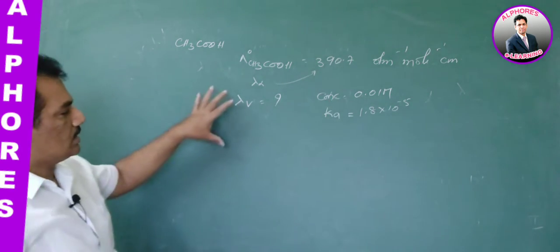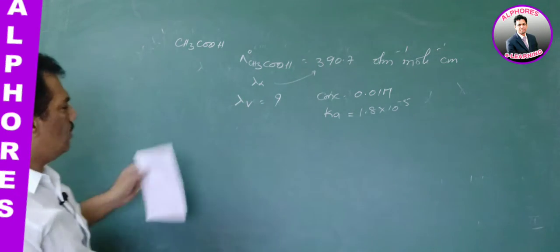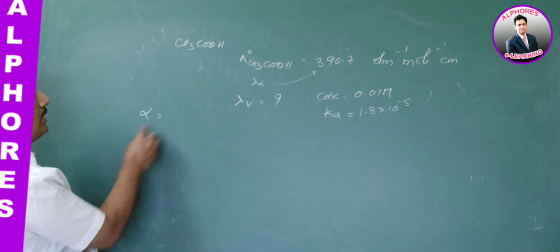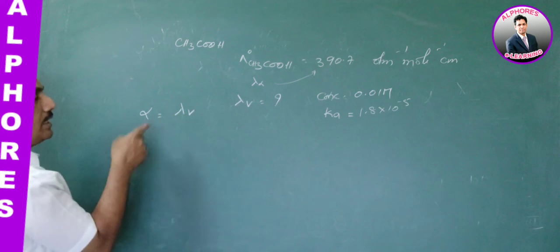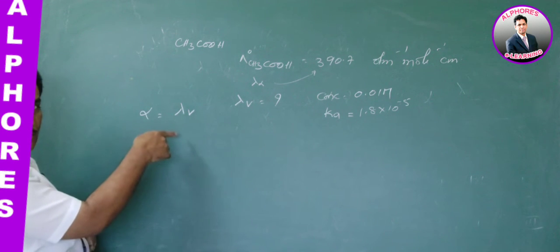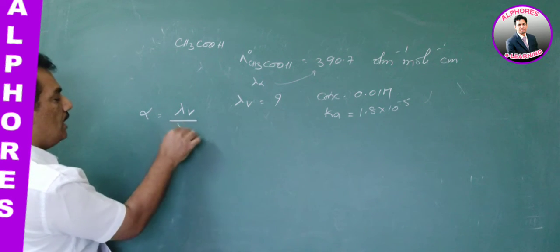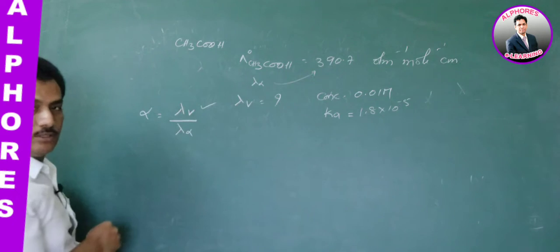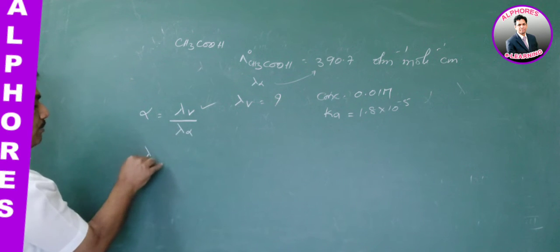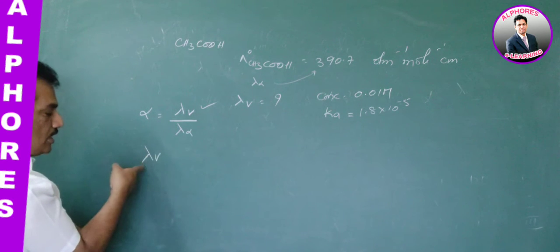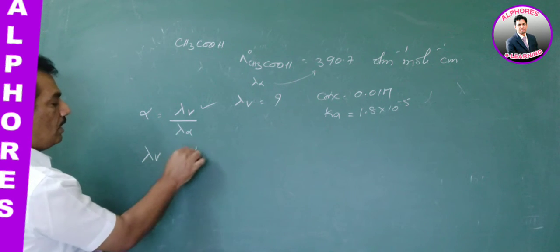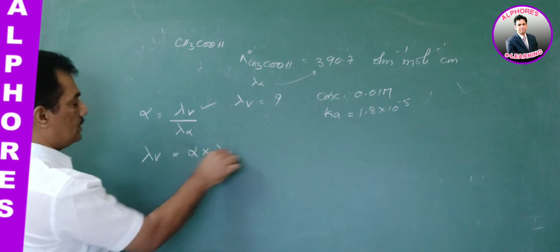Now first let us consider how to measure this. We already know alpha, the degree of dissociation, is equal to the conductance at a given concentration by lambda infinite. When lambda V is asked at a given dilution, the conductance is equal to alpha into lambda infinite.